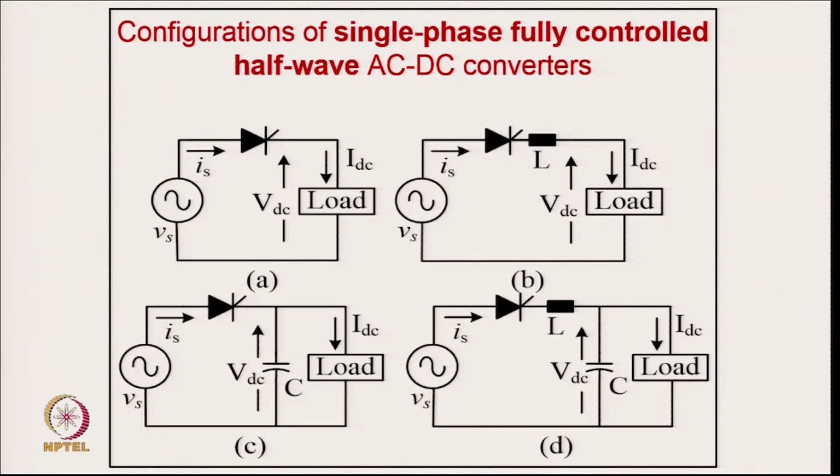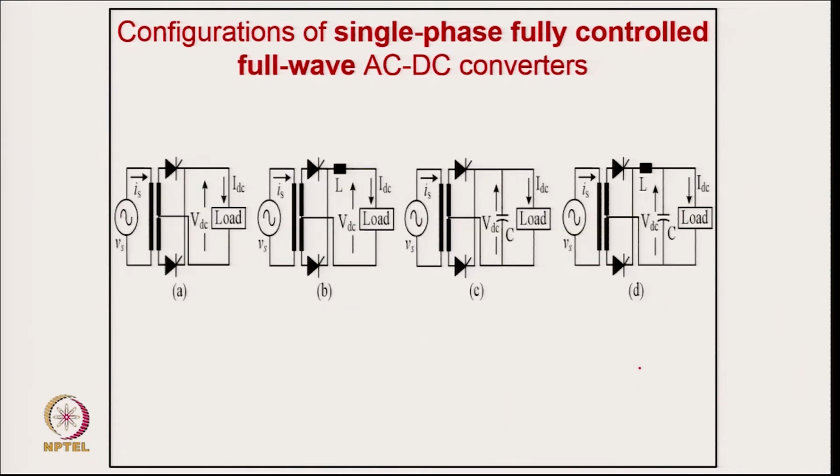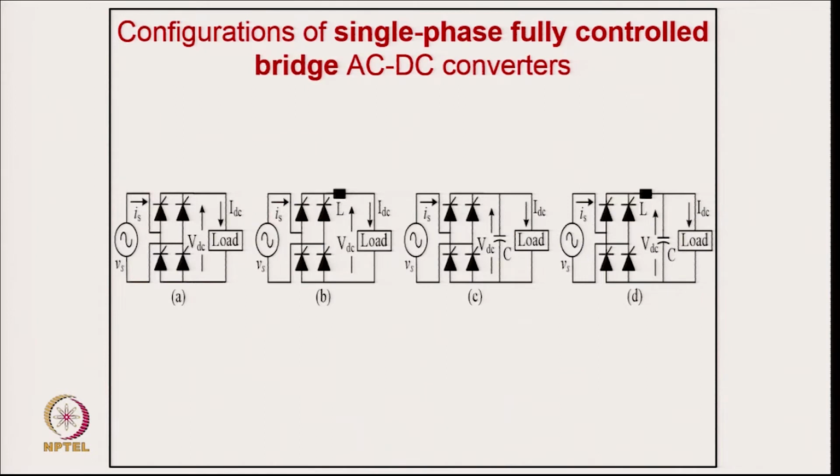Then we have fully controlled converters: the half wave fully controlled converter with different kinds of filter, with no filter, inductive, capacitive and LC filter, and then fully controlled full wave converters with no filter, inductive, capacitive and inductive capacitive filter. Then we have a bridge with no filter, inductive filter, capacitive filter or LC filter, this fully controlled converter. So these are the extreme configurations.